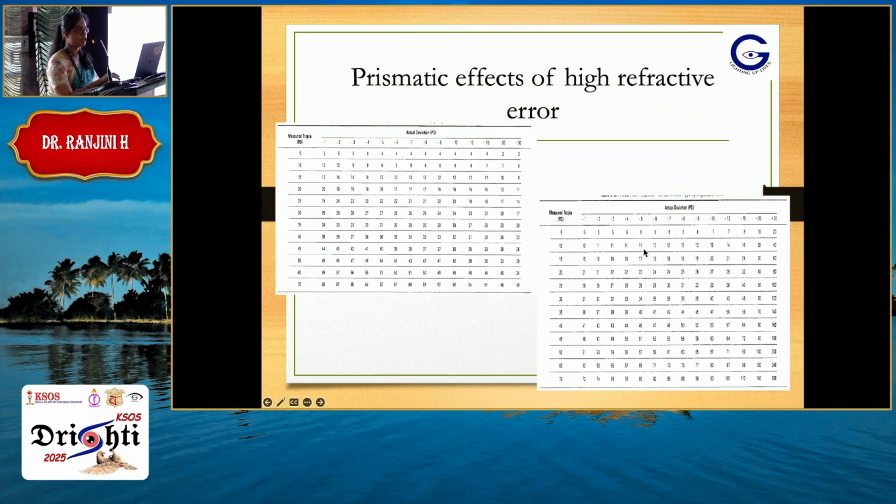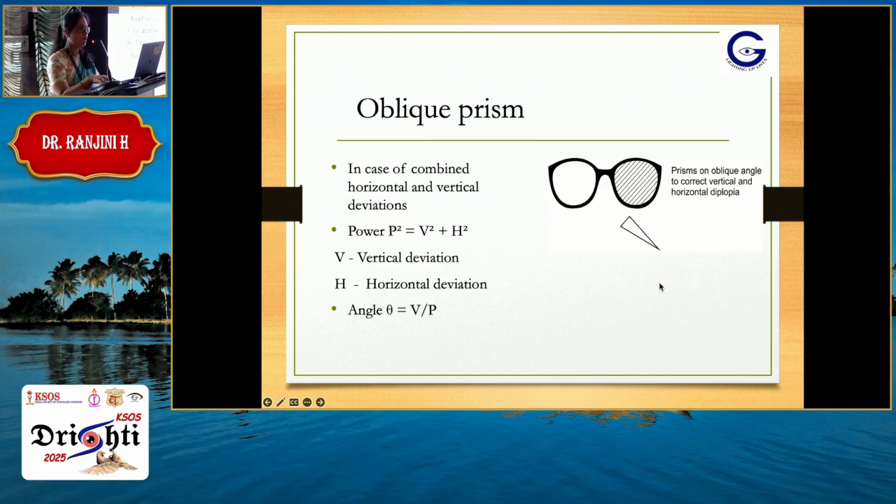Similarly, for hypermetropia, because it tends to underestimate, we can follow a similar nomogram. Coming to the oblique prism, when we are measuring any combined deviations, we have to follow this Pythagoras formula, and the angle is measured.